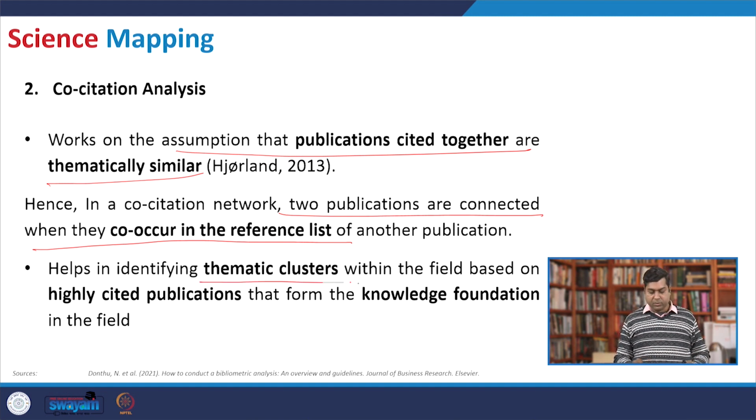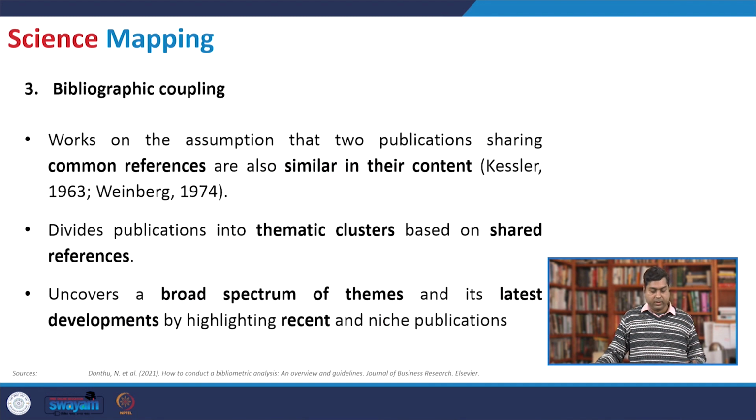It helps in building thematic clusters of papers, showing which are talking about the topic I am looking for. I will show you with an example. It also gives an idea about highly cited publications and can build the knowledge foundation.